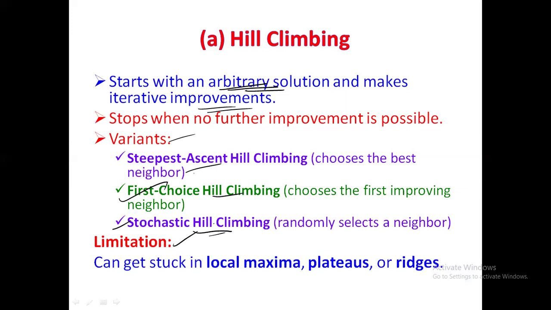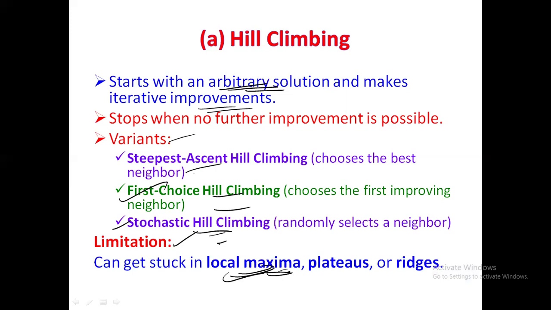Despite its efficiency, hill climbing has several limitations. So, what are all the limitations you should know? One of the main drawbacks is that it can get stuck at local maxima, where no immediate neighbor provides a better solution, even though a better solution exists elsewhere in the search space.